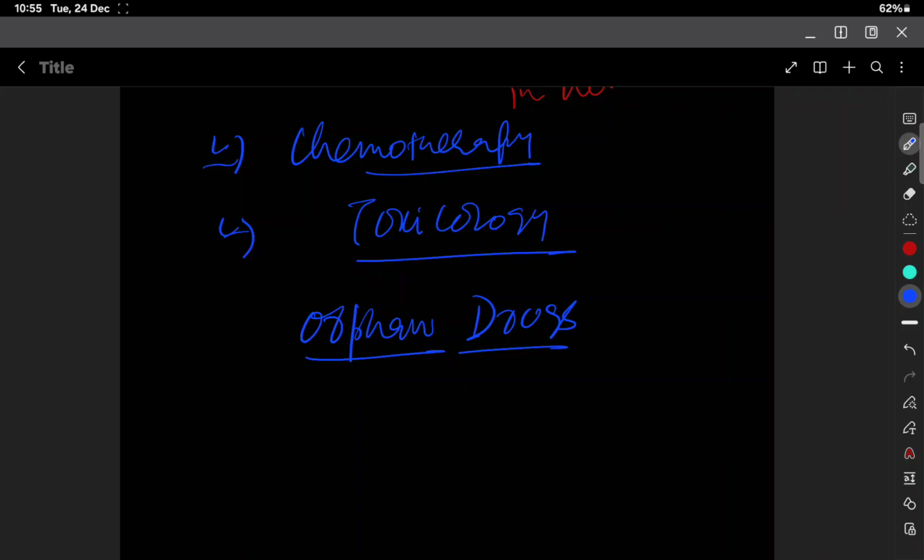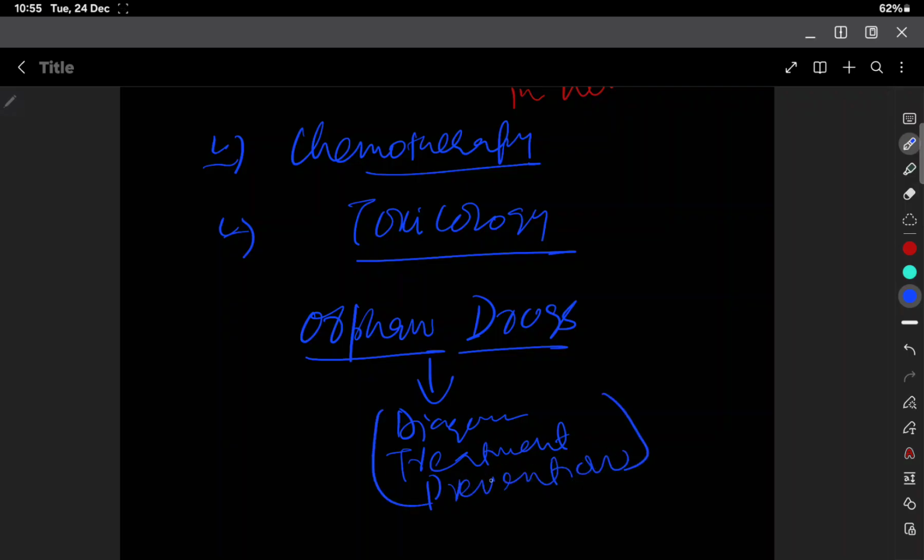But here these are drugs, or biological products, used for the diagnosis, treatment, or prevention of a rare disease. Those drugs are called orphan drugs.